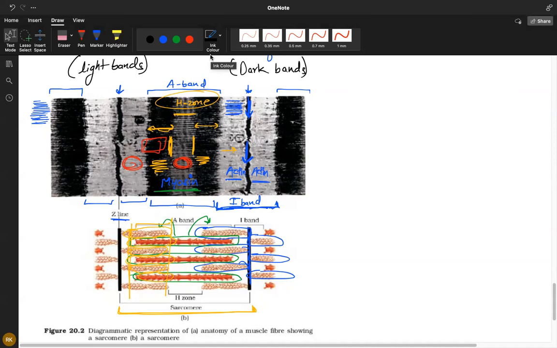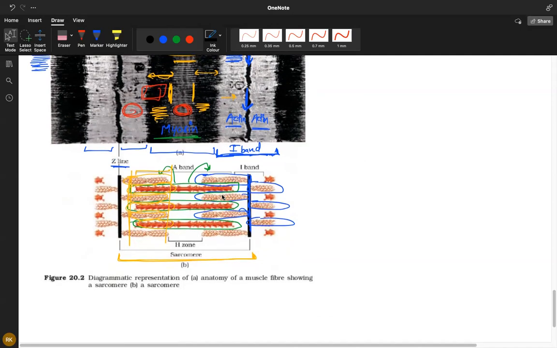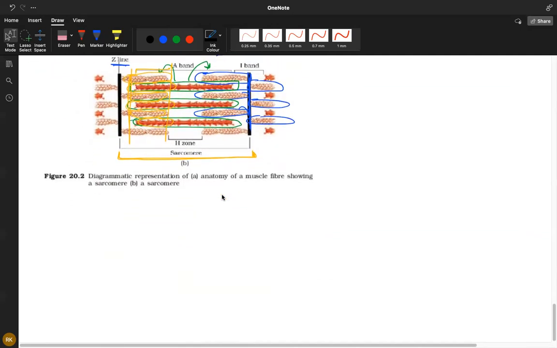If this is clear to you and all the bands, colors, codings are clear to you, now let us look at the structure of these two proteins. So write down structure of actin and myosin. As I told you, they are like filament proteins.